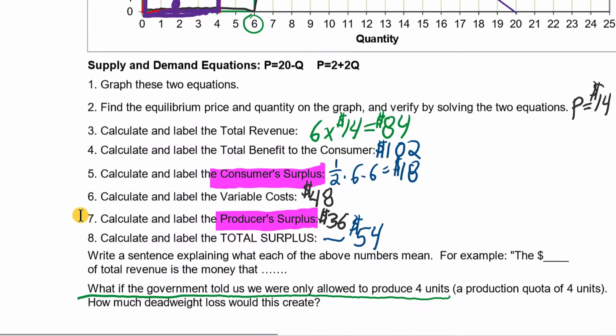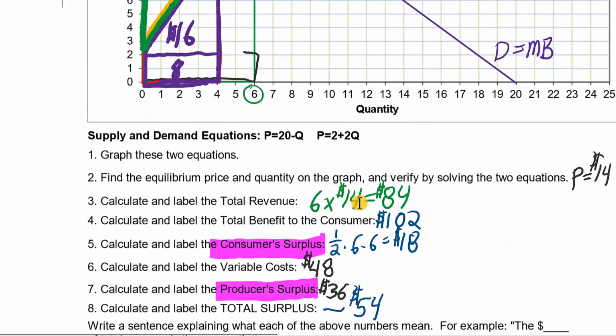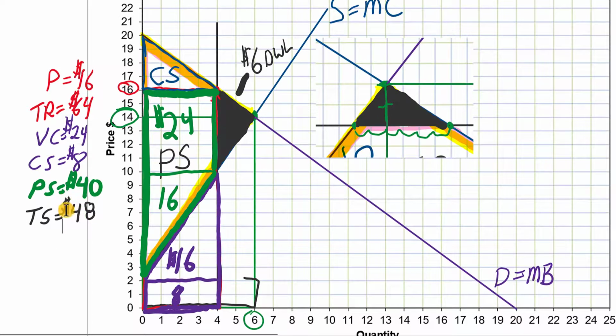How much was it before? 54. So $54 is what we could get without this law. $48 is how much we're getting now with this law. That's a loss of surplus of $6. That's the definition of deadweight loss, the loss of surplus due to something getting in the way of the market working efficiently.